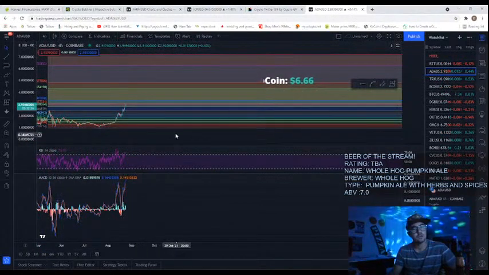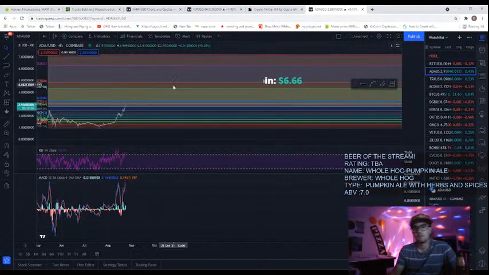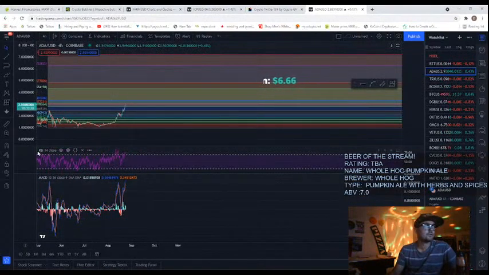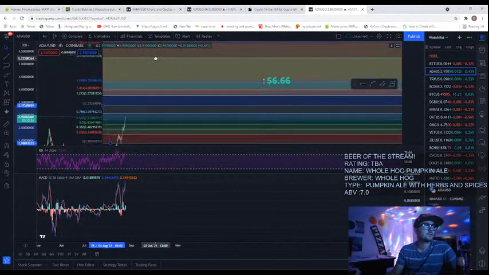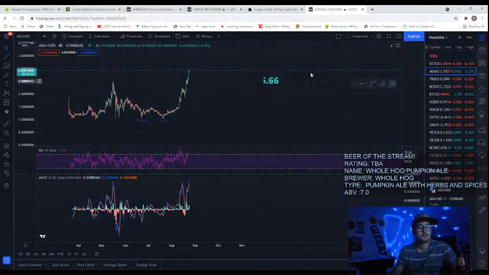Anyways, it's not a buy-in time right now on Cardano. It's making new all-time highs. So for the new traders out there, when you're looking at a pump stream, I'm just going to get rid of that so I can show you guys the chart.